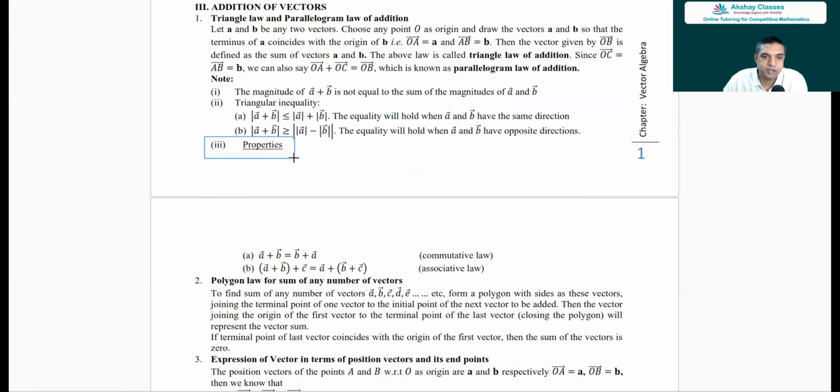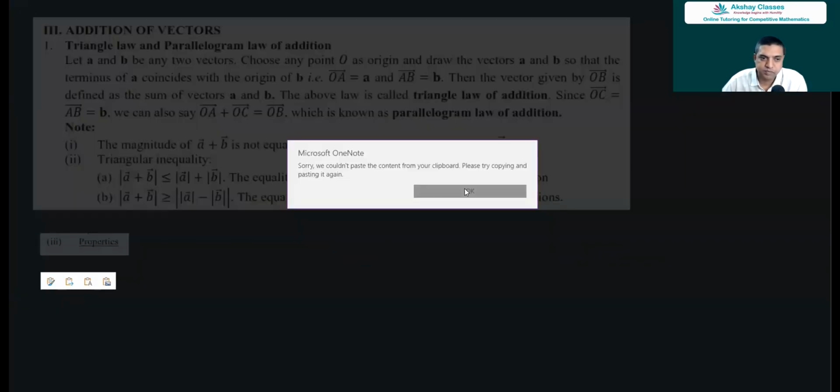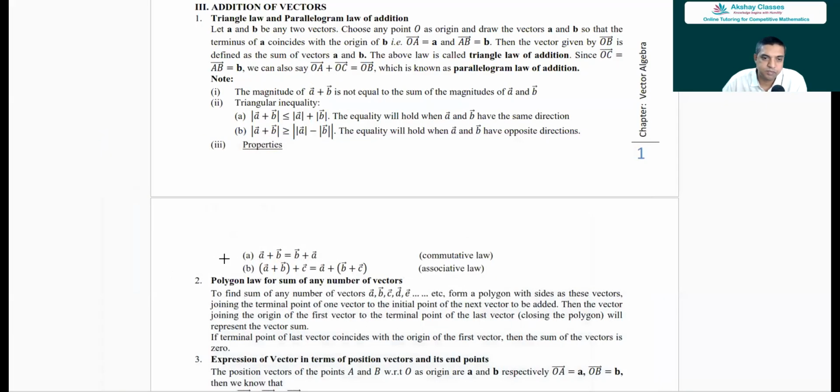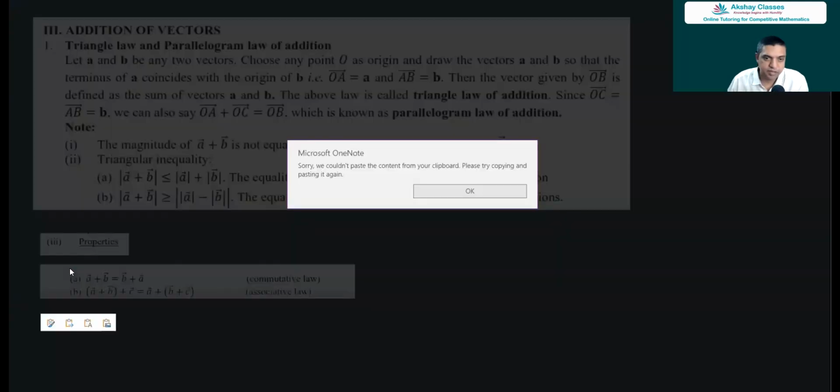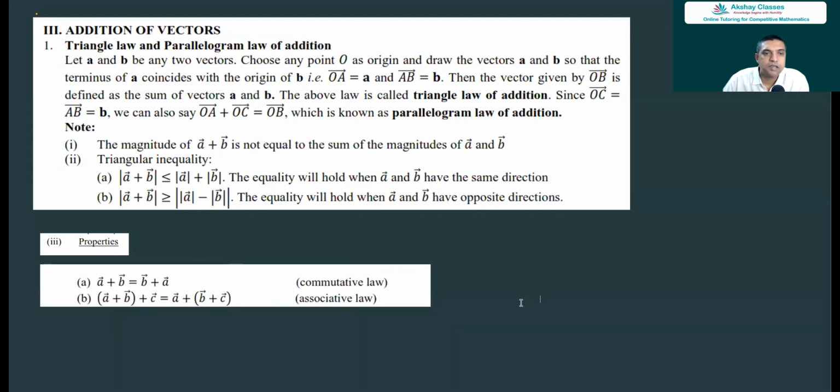Properties. Two simple properties. First, let's study addition carefully. So addition of vectors follows the triangle law of addition or the parallelogram law of addition.